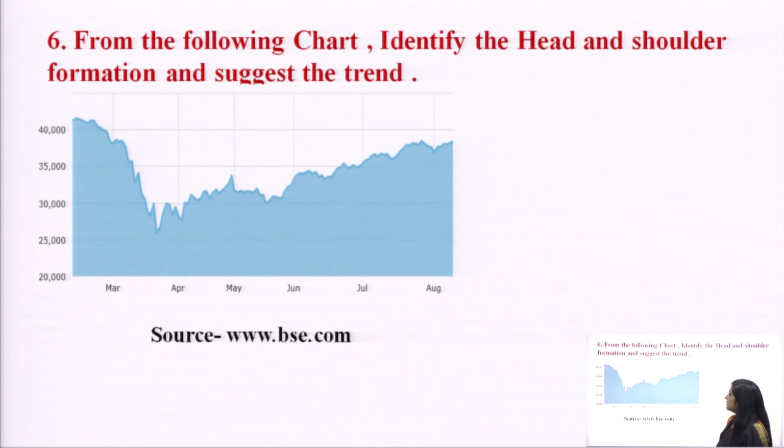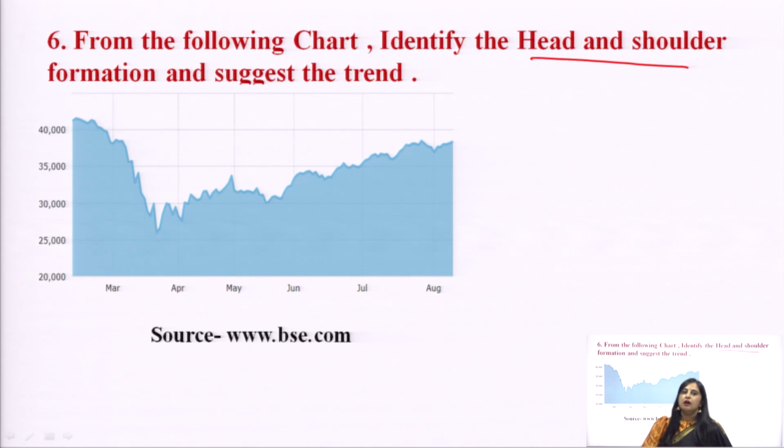Then we have another question where we have a chart and we have to suggest the trend by finding out the head and shoulder formation. Let us recall what is head and shoulder formation. Head and shoulder formation means there is one shoulder, one head, and another shoulder.